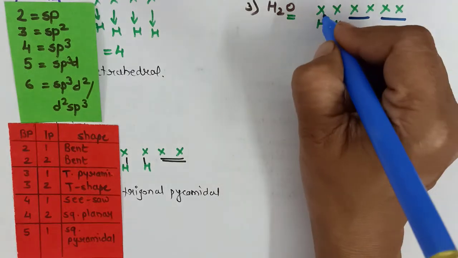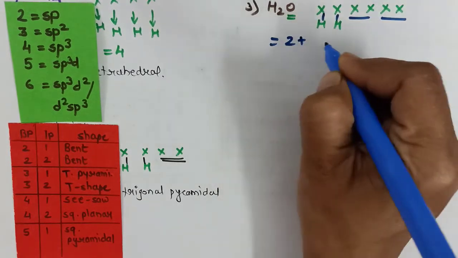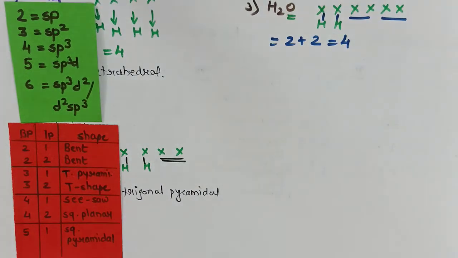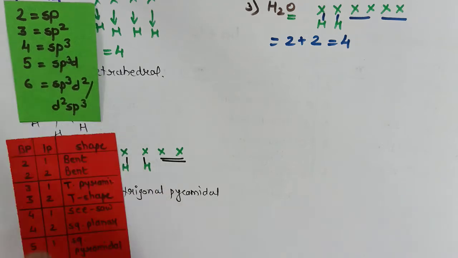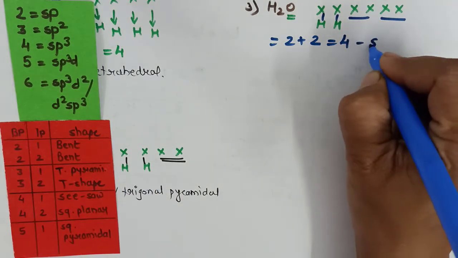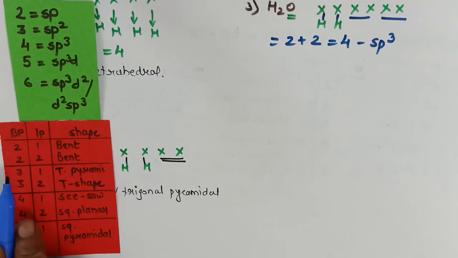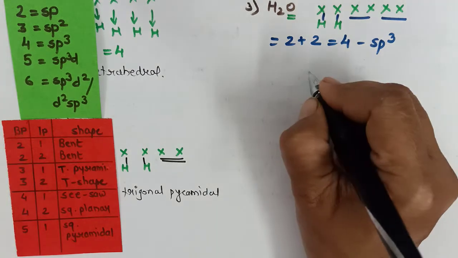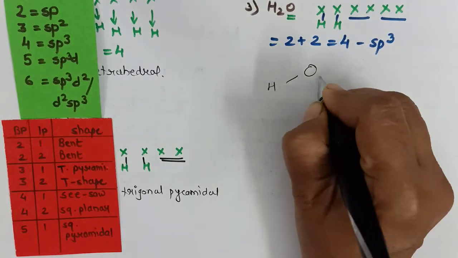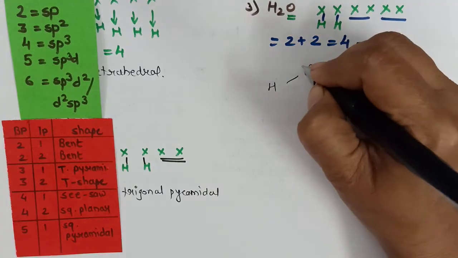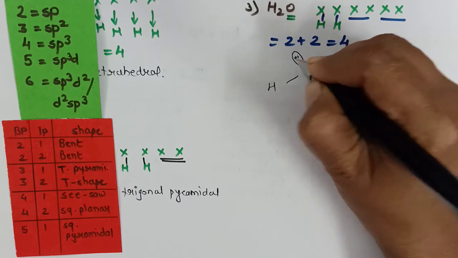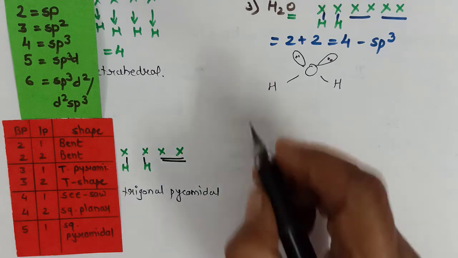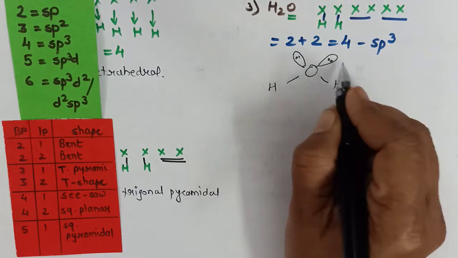So we have 2 bond pairs and 2 lone pairs, the sum becoming 4, and therefore oxygen in the water molecule shows sp3 hybridization. With 2 bond pairs and 2 lone pairs, it will show a bent shape. That is, oxygen is attached to 2 hydrogen atoms and 2 lone pairs will be among 2 different axes. So it will occupy a bent shape.